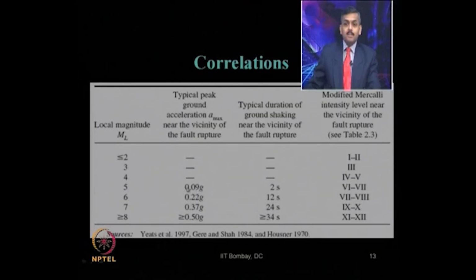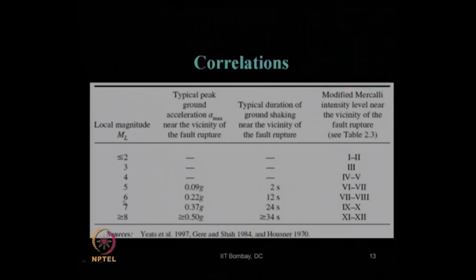I will further simplify it in this fashion: 0.1 g, 0.2 g, 0.3 g or 0.35 g, and 0.4 g to 0.5 g. That can be a kind of correlation between local magnitude scale and the Amax value, and then the MMI scale also you can see jumps within the brackets of 6 to 7, 7 to 8, 9 to 10 and 11 to 12.